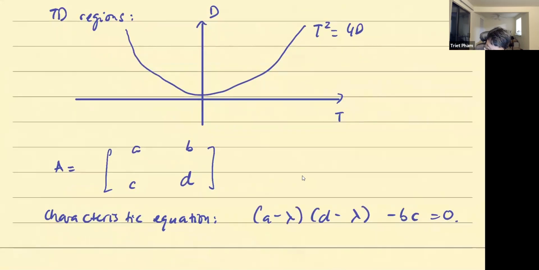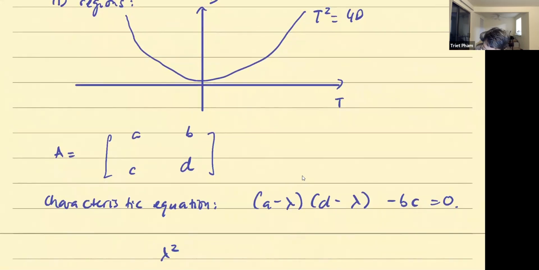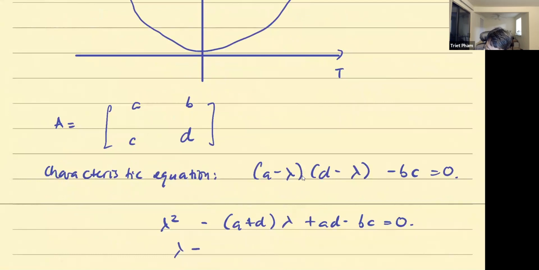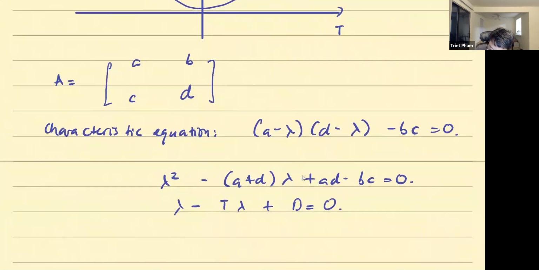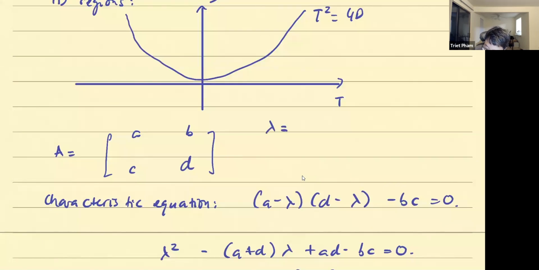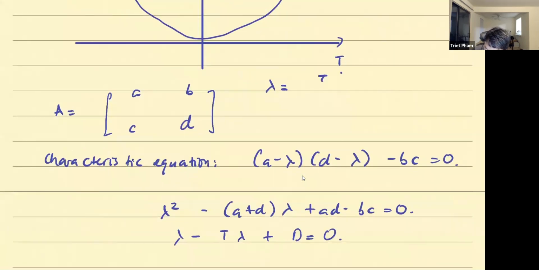This translates to lambda squared minus (A plus D) lambda, plus AD minus BC equals 0, or lambda squared minus t lambda plus d equals 0, where A plus D is the trace, and AD minus BC is the determinant. And so you see, the eigenvalues can be expressed as t plus or minus the square root of t squared minus 4d, over 2.